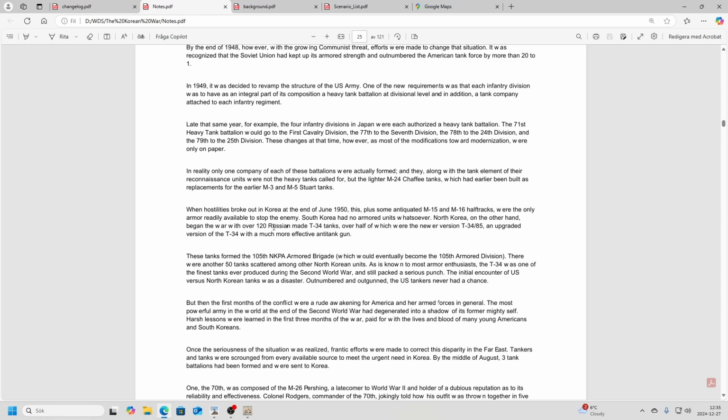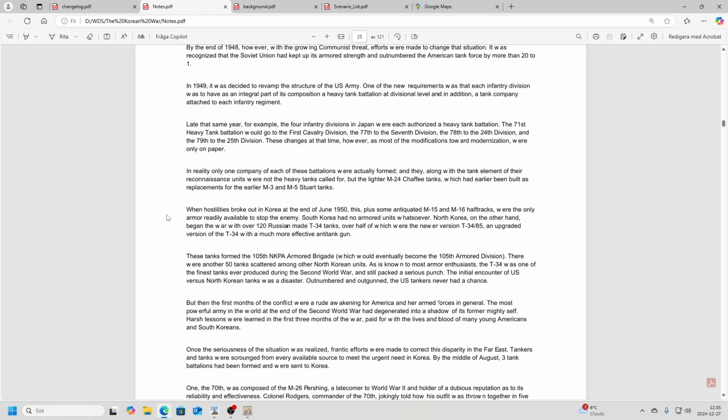So it says when hostilities broke out in Korea at the end of June 1950, this plus some antiquated M15 and M16 half-tracks were the only armor readily available to stop the enemy. South Korea had no armor units whatsoever.